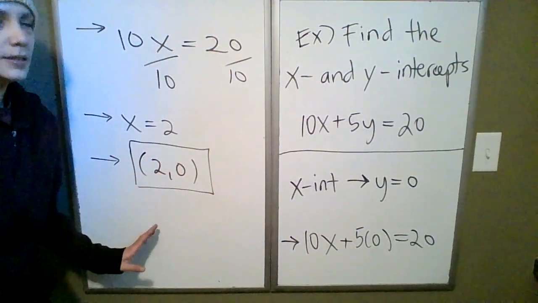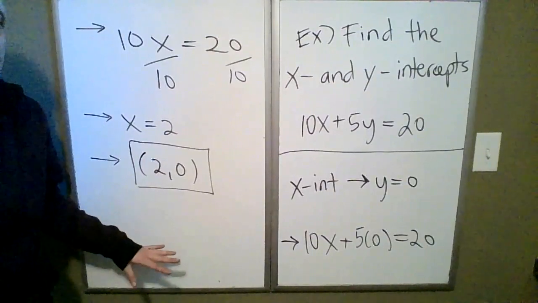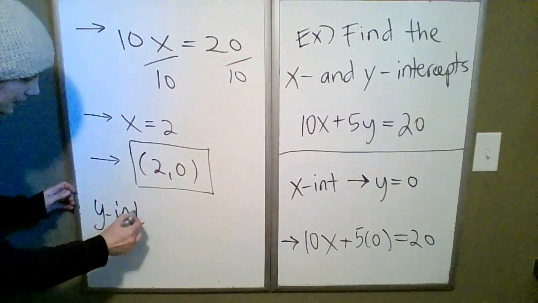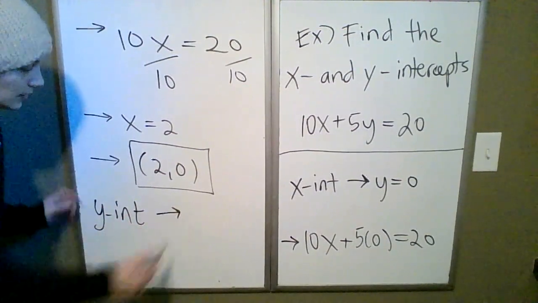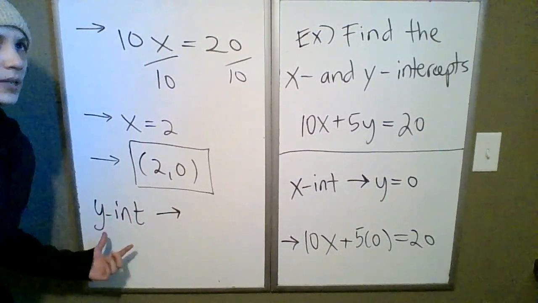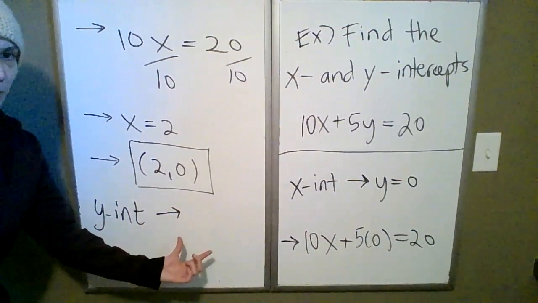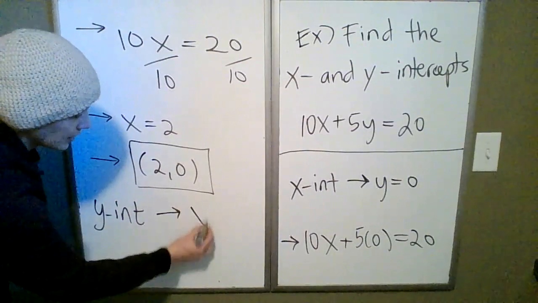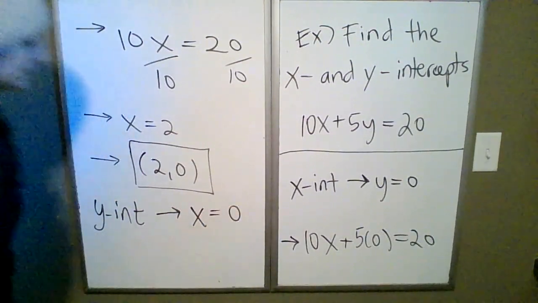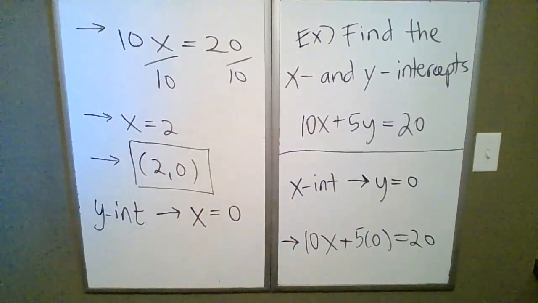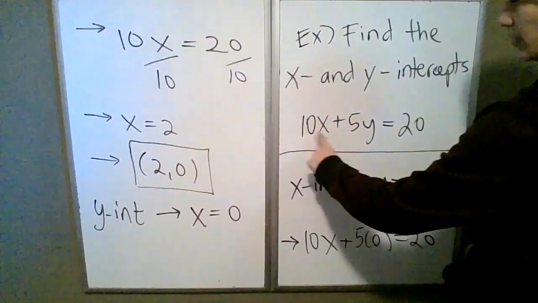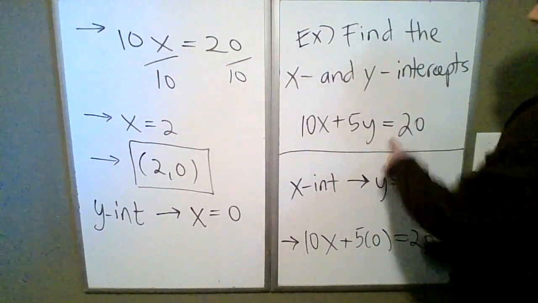And then you find the y-intercept. The y-intercept is going to be the point where x equals 0, and you find out what the y value is. So 10 times 0 plus 5y equals 20.